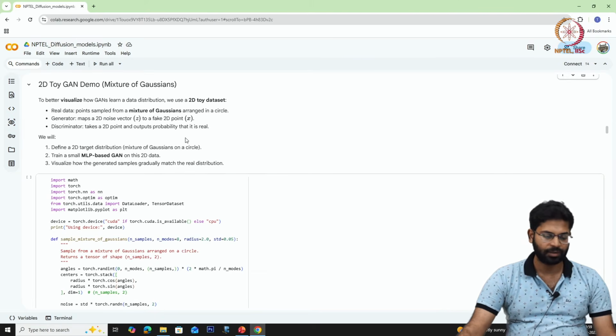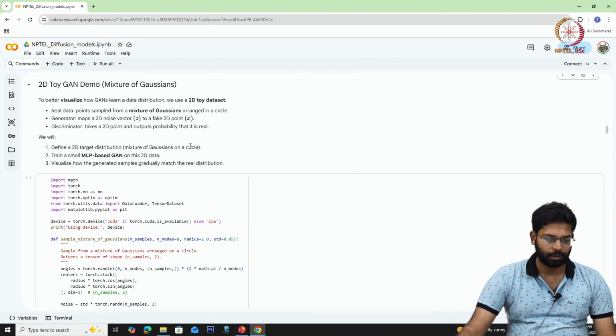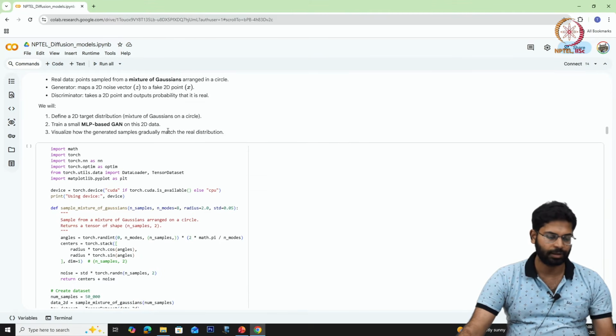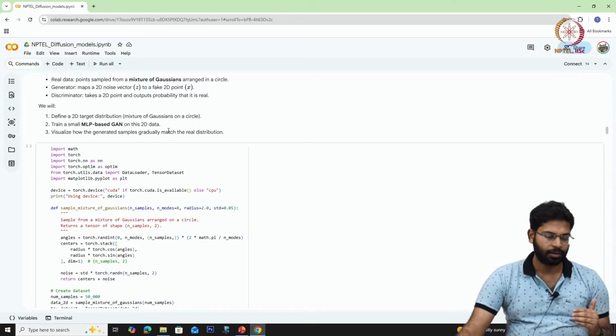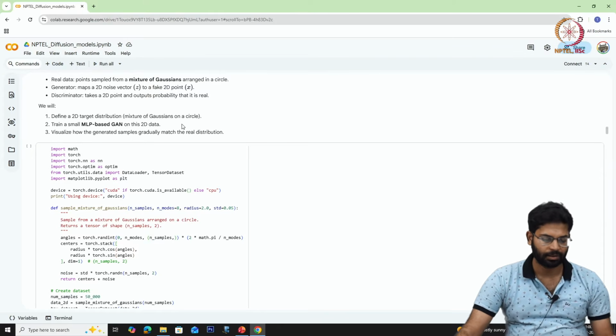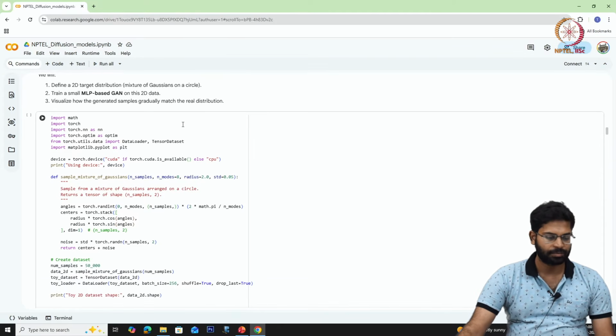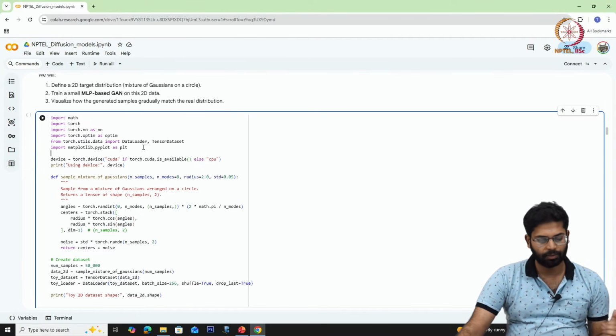We start with completely random data, which is like noise, and then we show that if you train a GAN, the generator starts to generate data which approximates the mixture of Gaussians very nicely, right? This shows how the underlying distribution mapping is happening.